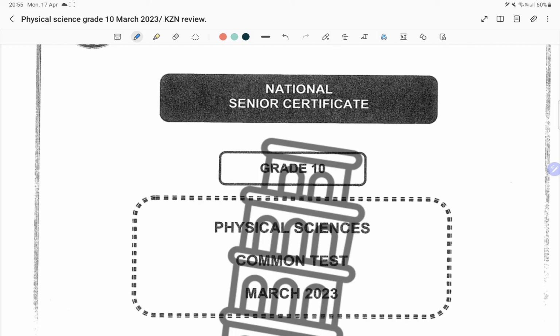But I will see if I can find other papers from other provinces and do them, just to make sure these whole concepts sit nicely in your mind. I think grade 10 exams are fairly easy compared to grade 11 and 12. Those are a bit more challenging, especially grade 11.